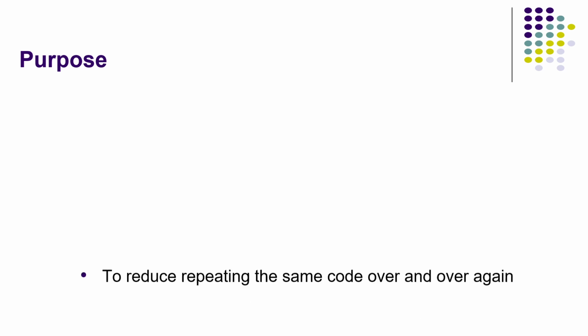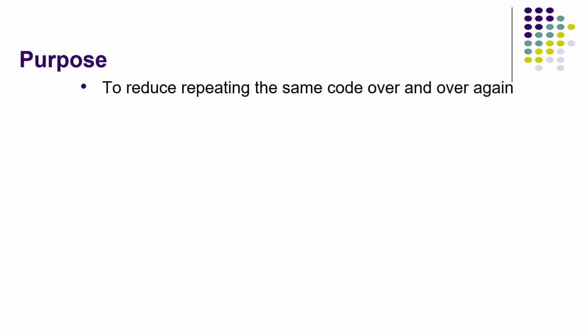So now, what's the loop's purpose? Well, one of the loop's purposes is to reduce repeating the same code over and over again. I already talked about that, right? So you can automate. You can put one little statement, one little loop, and then it will automate all those if statements.